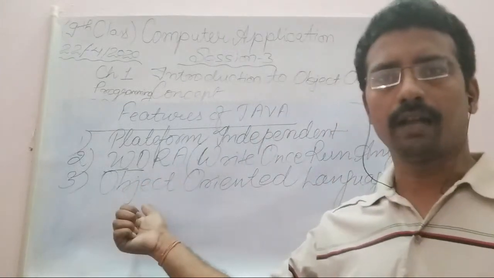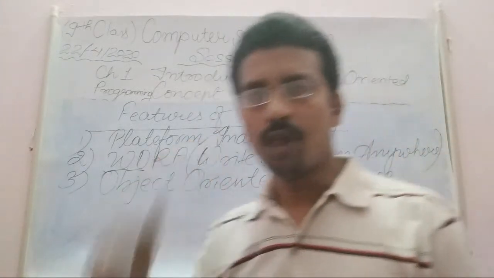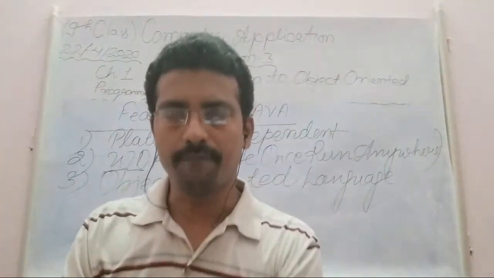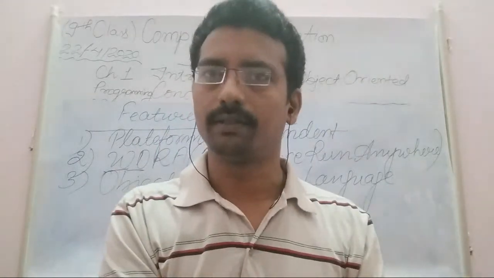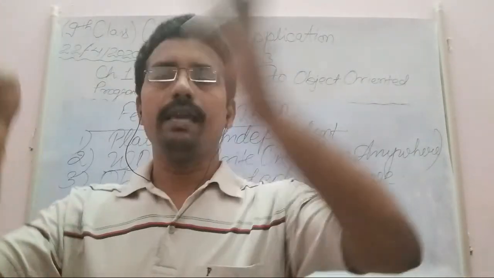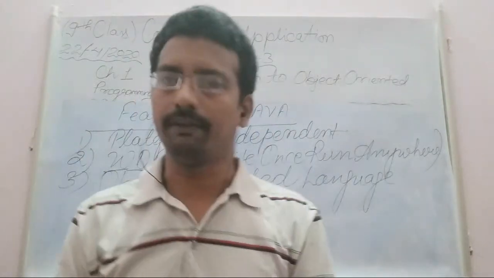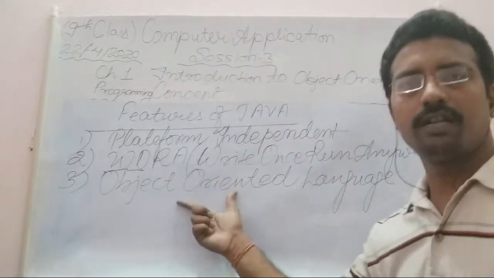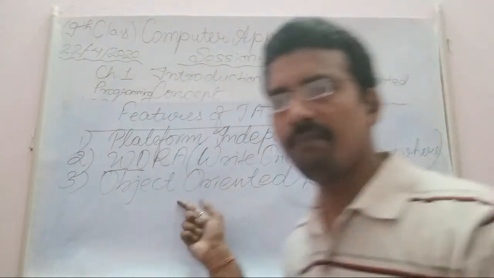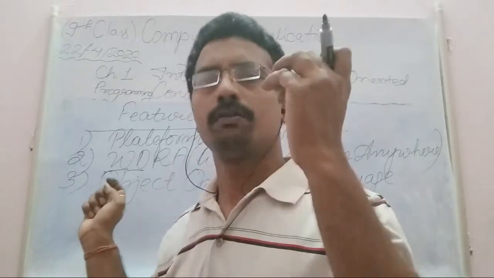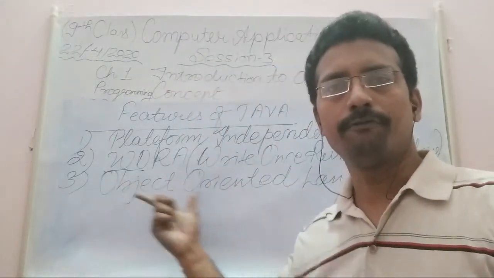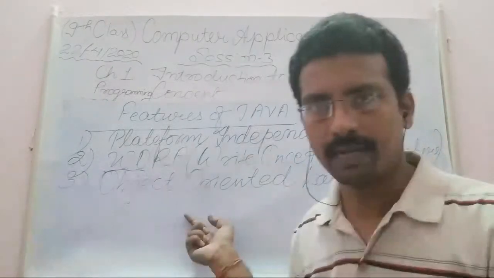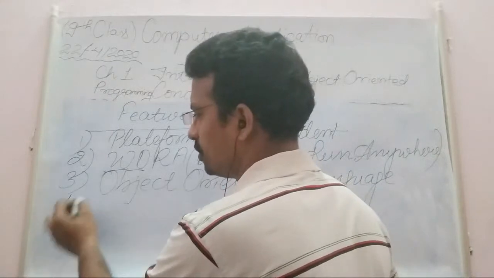It describes that Java helps us to develop programs with the concept of objects and classes, objects which can be easily related to our real life. Is it okay? So Java is an object-oriented programming language which helps us to create and develop programs with the help of objects, classes, data, and functions. Am I clear?